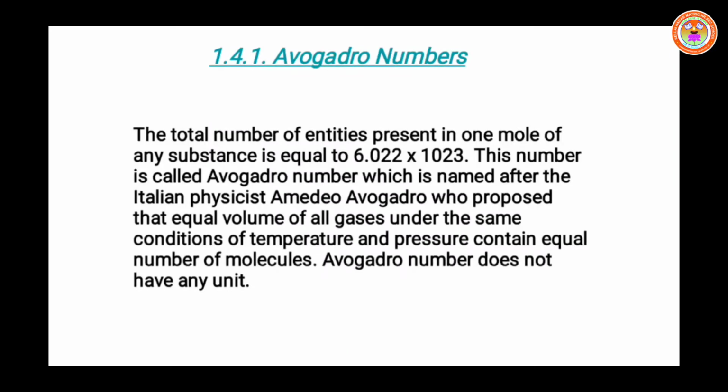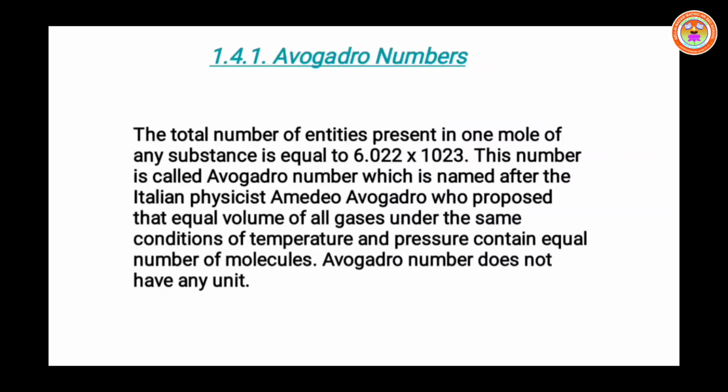The total number of entities present in 1 mole of any substance is equal to 6.022 into 10 to the power 23. This number is called Avogadro number.